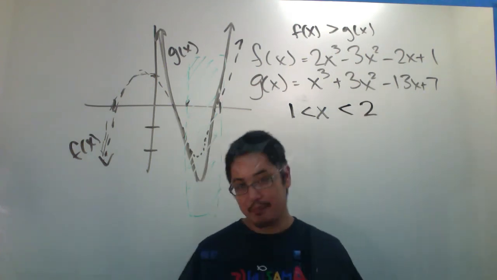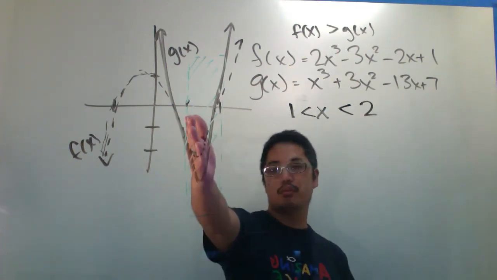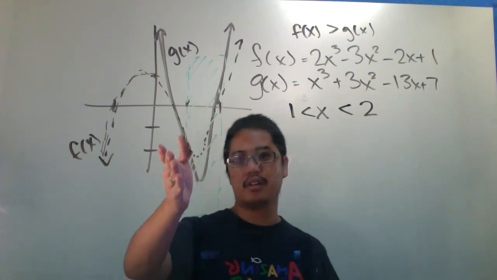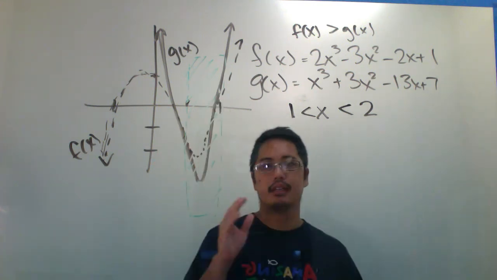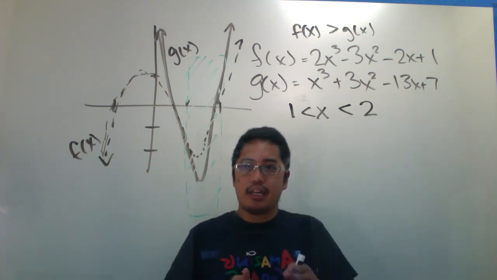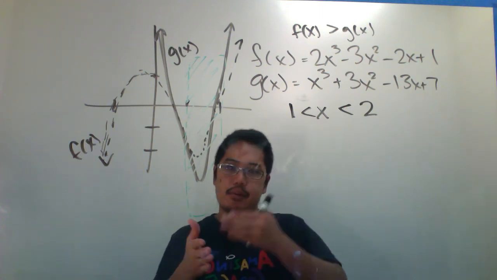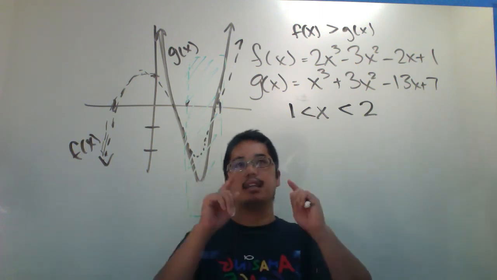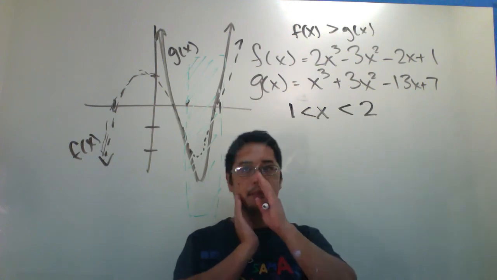That's my best guess. Just from looking at this graph, I can say it's about there and it's about there. Now, I can't guarantee that's completely true, unless, of course, I check something.